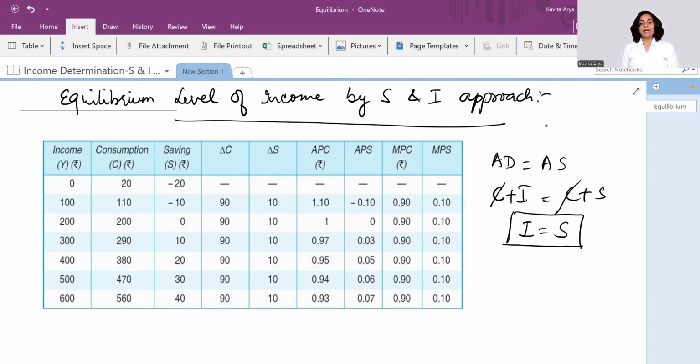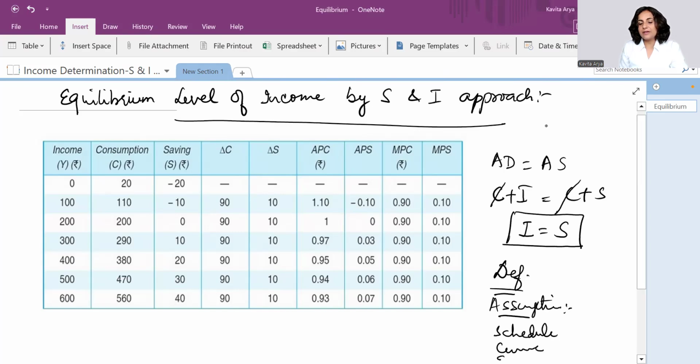So here we go. I'm giving you 4 to 5 pointers for whenever a full-length question is asked for 4 to 6 marks in the boards. For such detailed questions, you ideally should give the definition, what is equilibrium, where it is met, then talk about the assumptions, followed by schedule, curve and explanation.